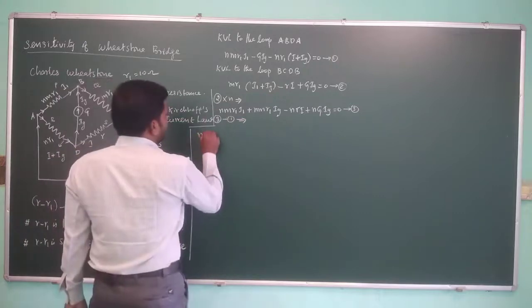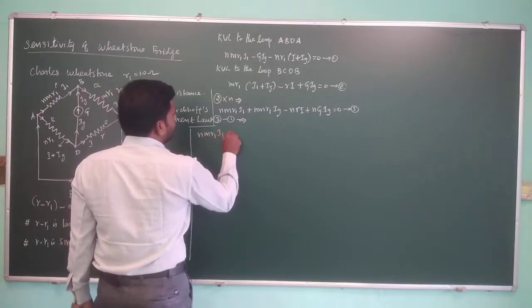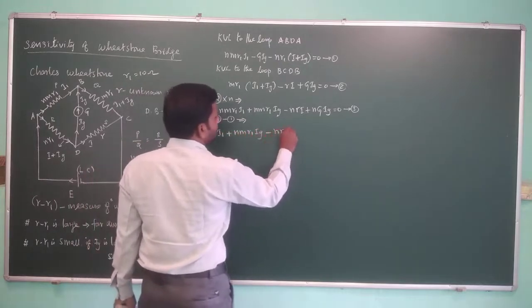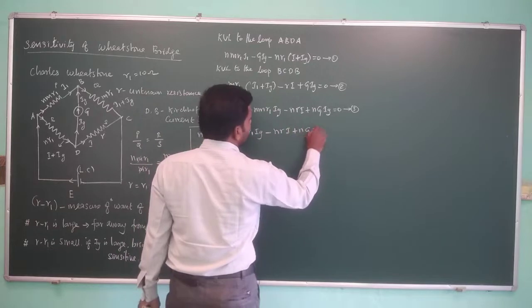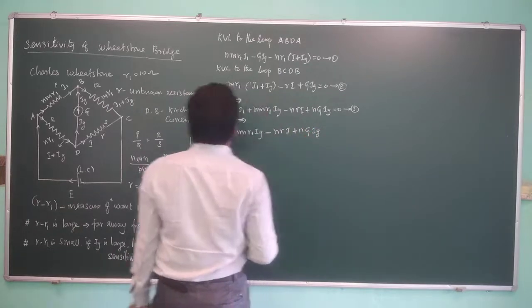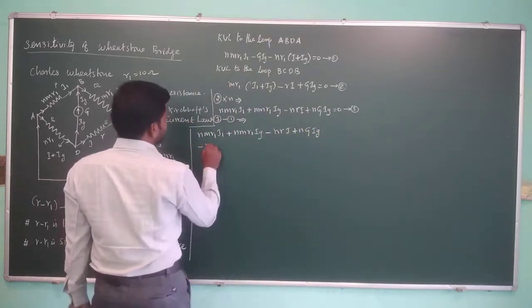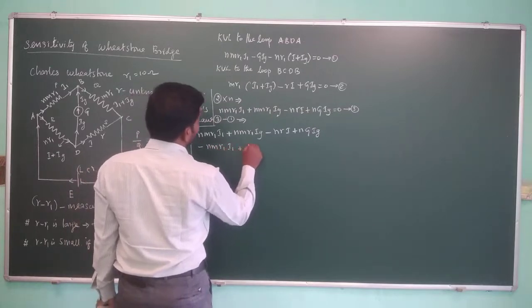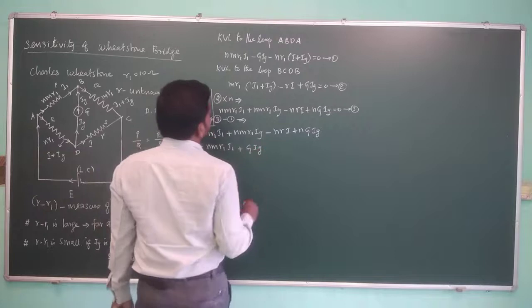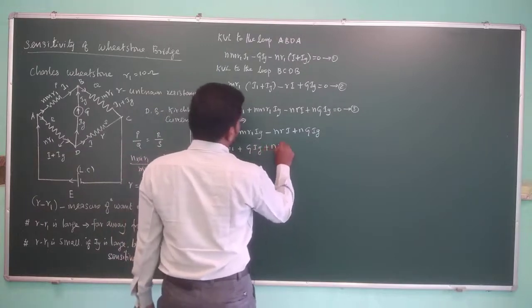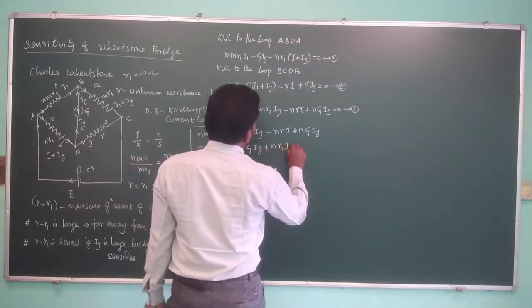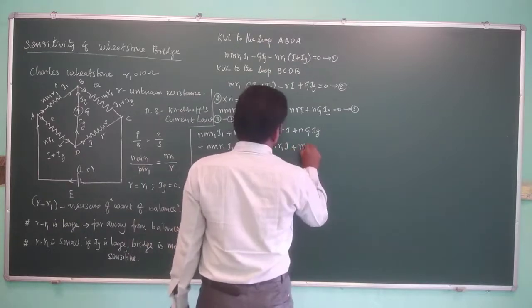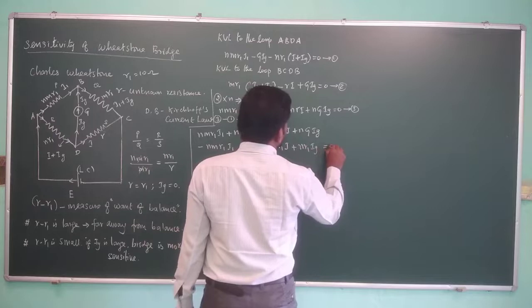let us write this: NMR1 I1 plus NMR1 Ig minus NRI plus NG Ig, minus NMR1 I1 plus G Ig plus NR1 I plus NR1 Ig equal to 0.